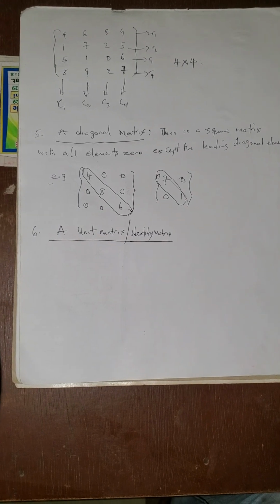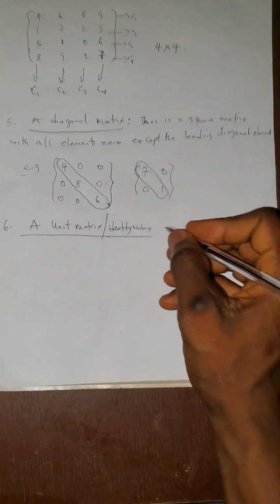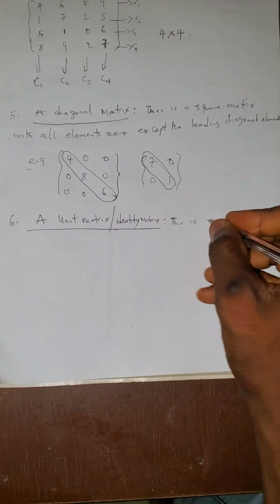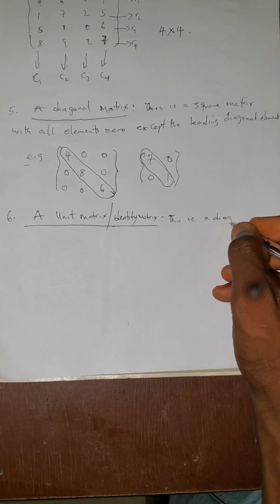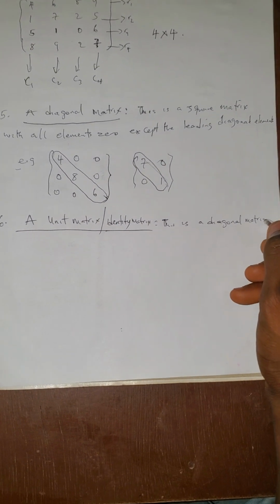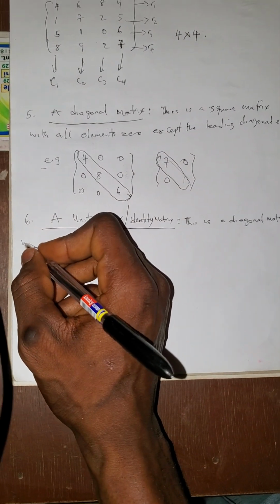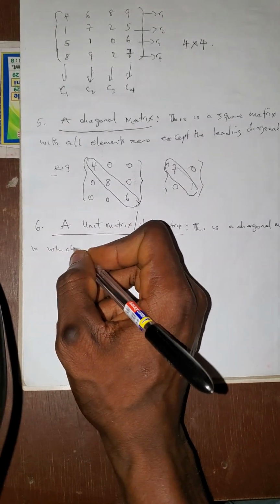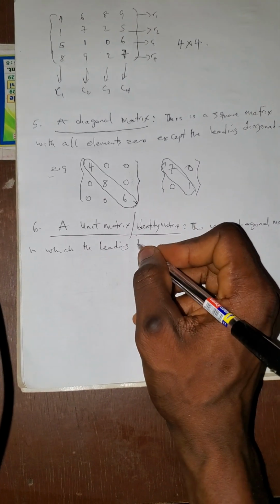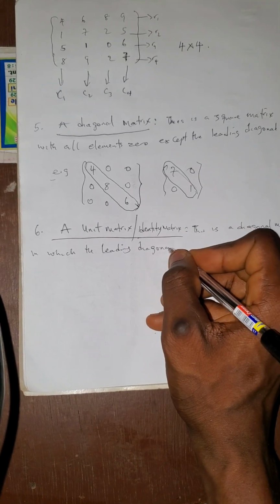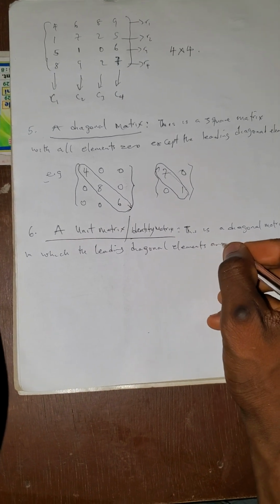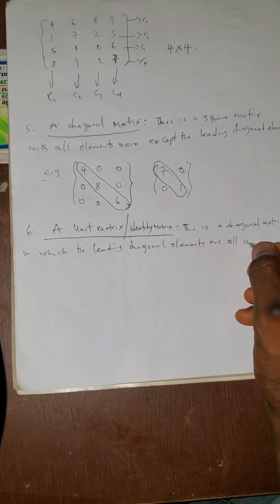So a unit matrix is a diagonal matrix in which the leading diagonal elements are all unity.